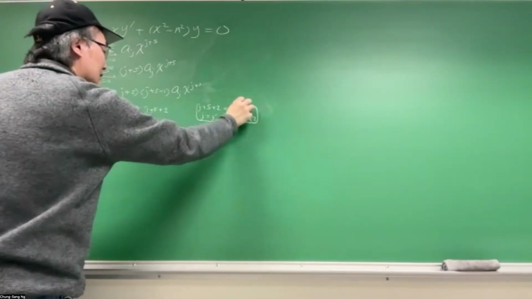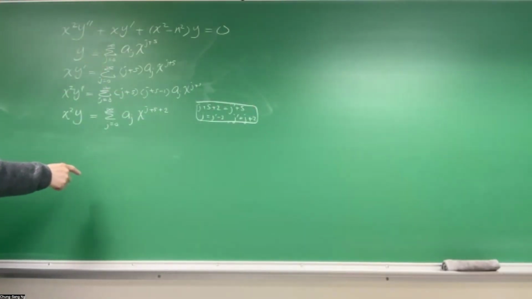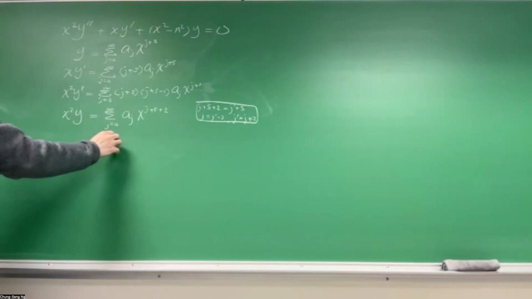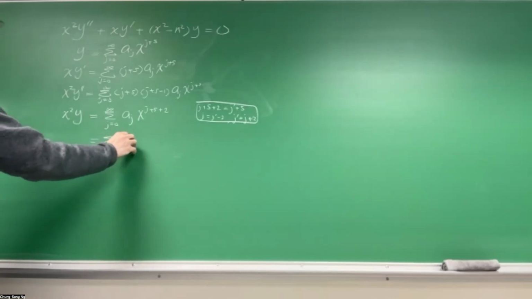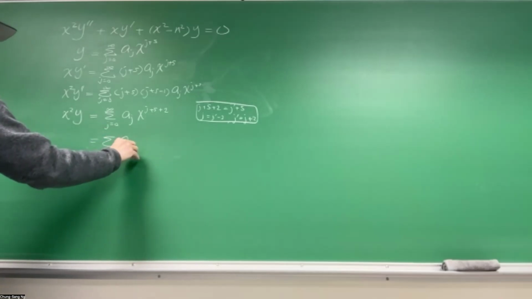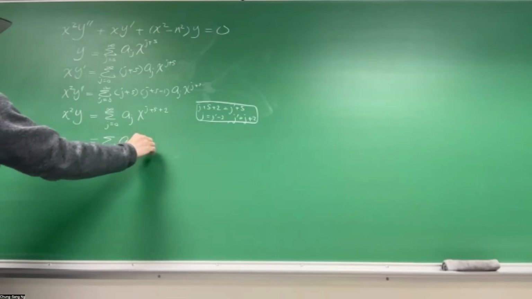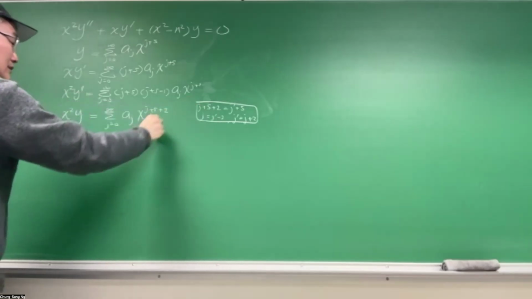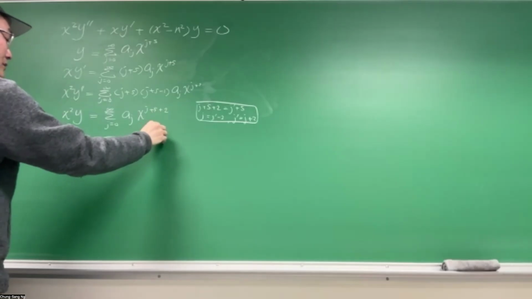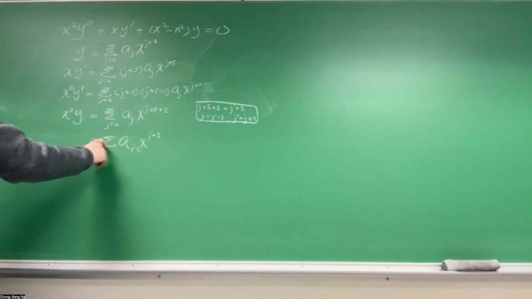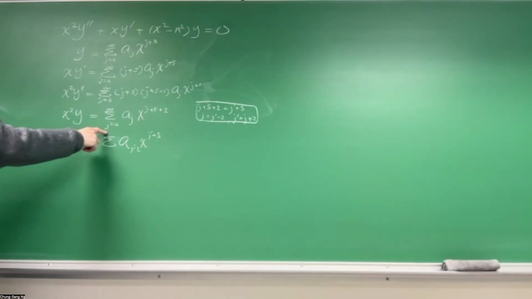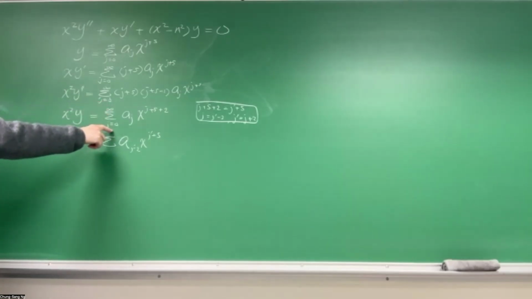We just figured all this out and then substitute in here: j is j prime minus 2, and the exponent is what we set out to do, j prime plus s. Now you figure out the summation limits.